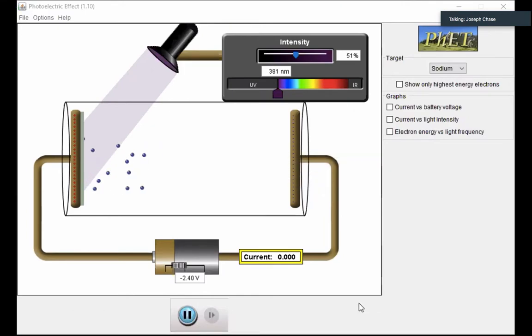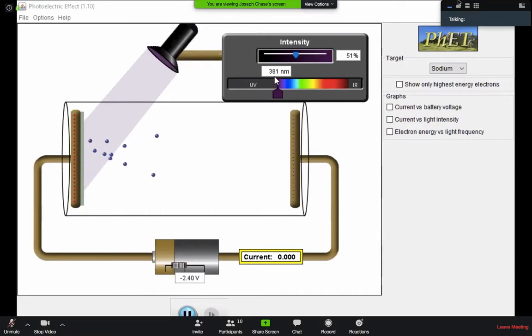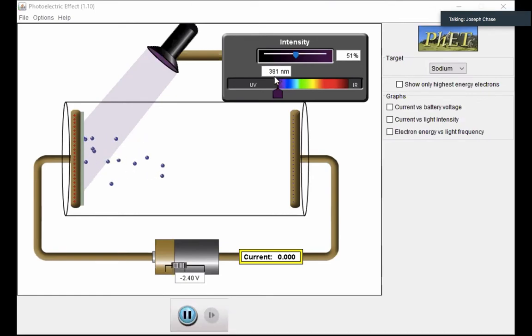And in order to get some data, what I can start off by doing is I've got 381 nanometers here, so I'm just going to jot that down. And we'll do an example.